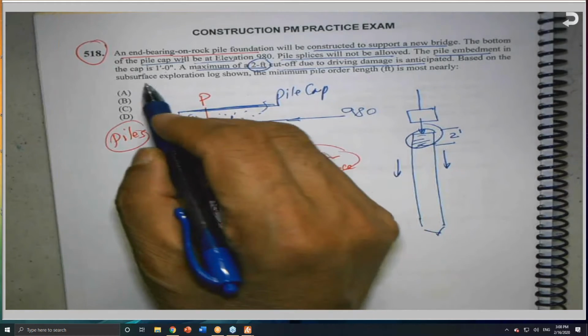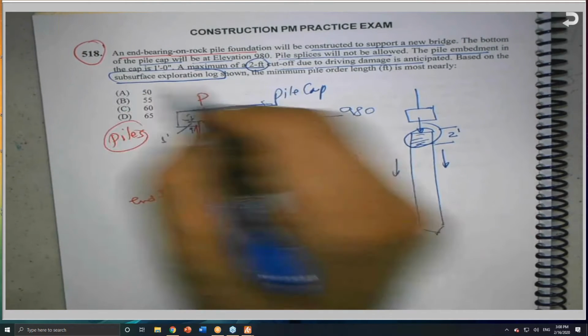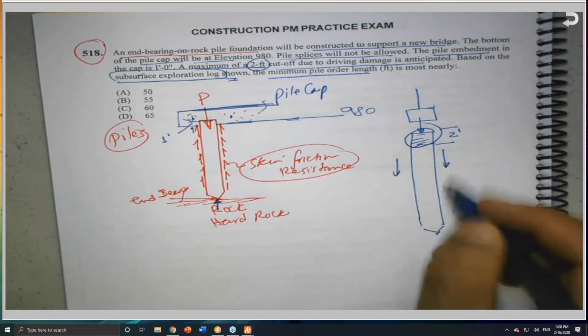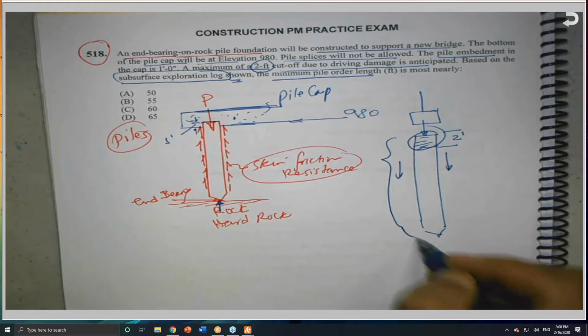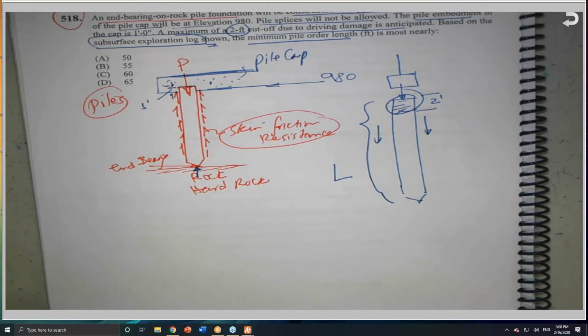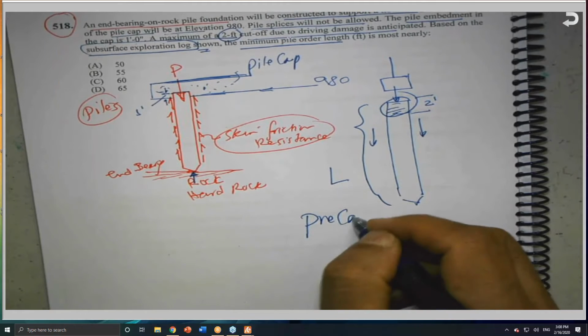Based on the subsurface exploration log shown, I need to determine the minimum pile length, L, because this will be precast.